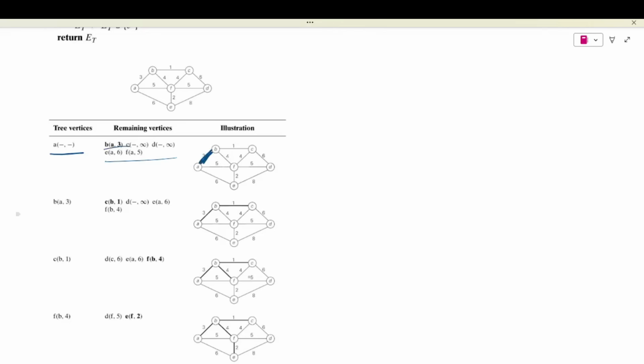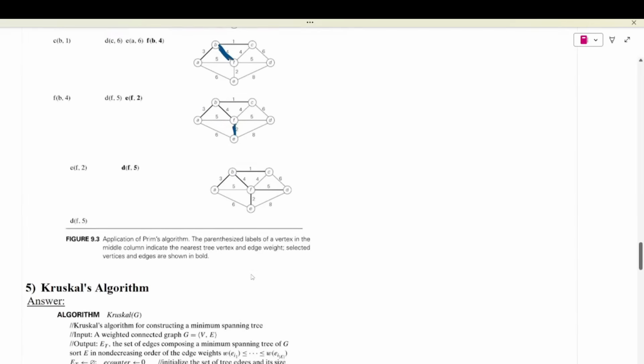A to B you will be visiting, and then this, and then this, and then this. No need to form a full cycle, a cycle should not be formed in Prim's algorithm, and you will be calculating the distance of that. Okay, and you will be writing 3, 1, 4, 5 and 2. Okay, 3, 1, 4, 5 and 2, that is 15 is the distance.